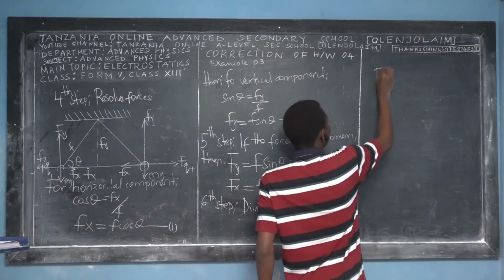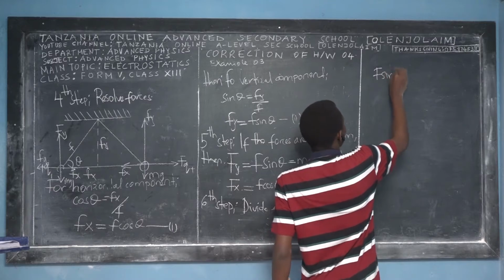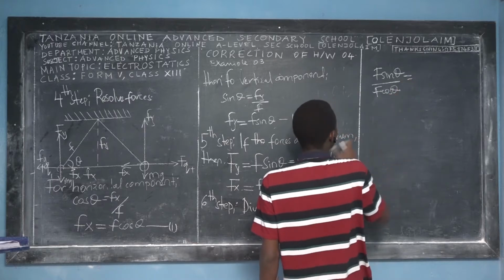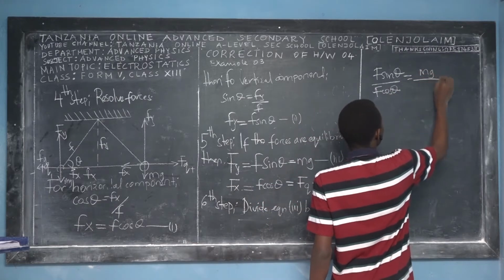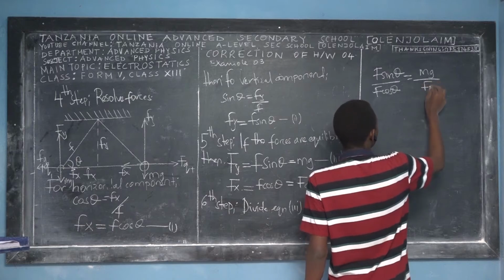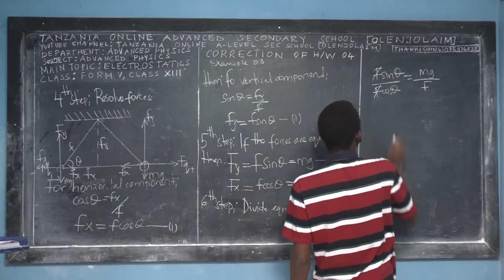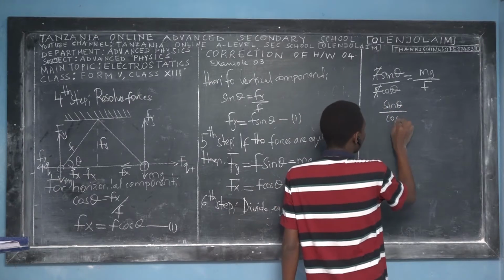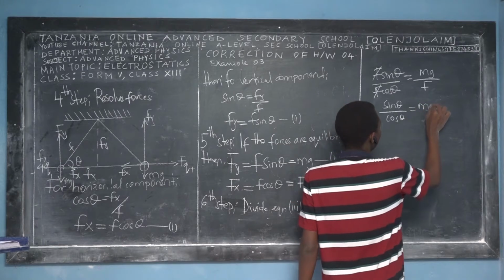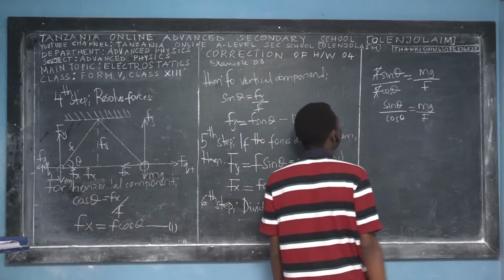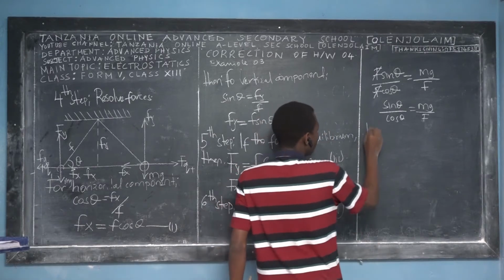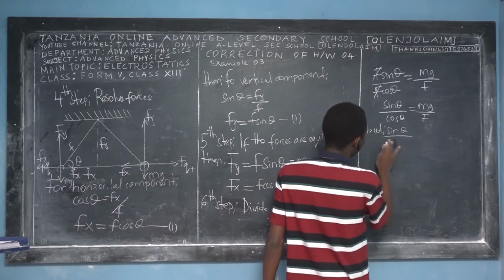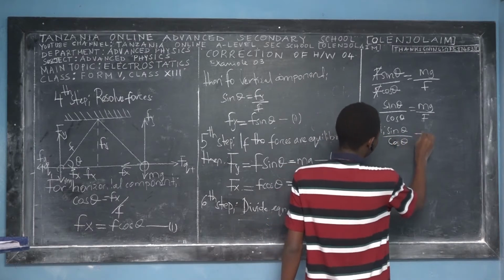Equation 3, F sin theta over F cos theta is equal to mg over the force on charge. This force and force cancel. So sine of theta over cosine of theta is equal to mg over F. But we all know sine of theta over cos of theta is equal to tan theta.